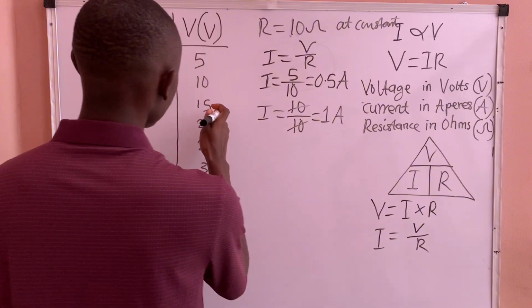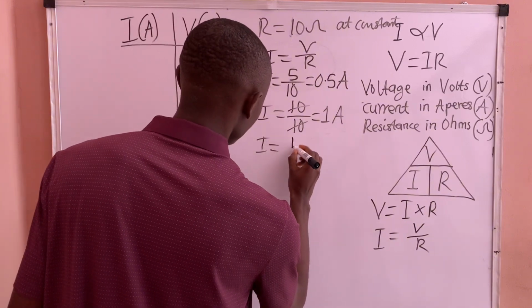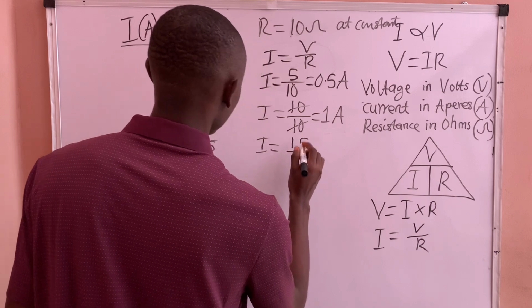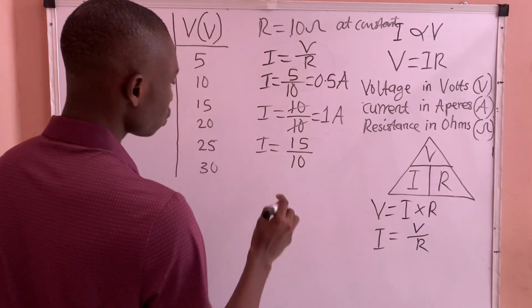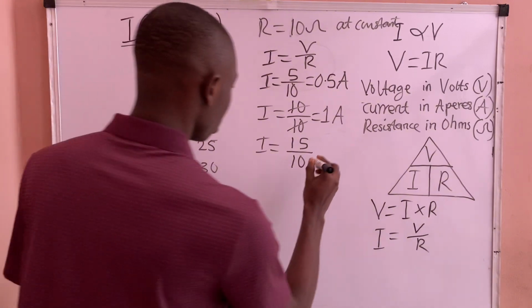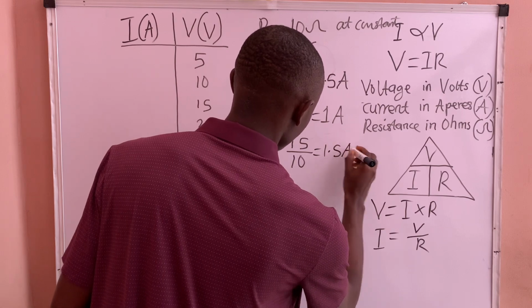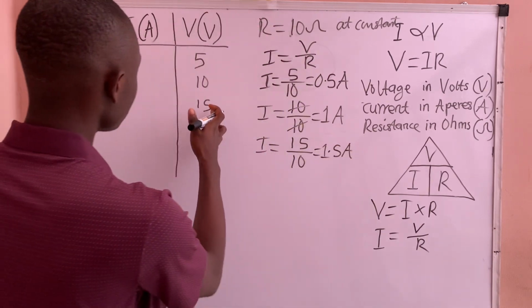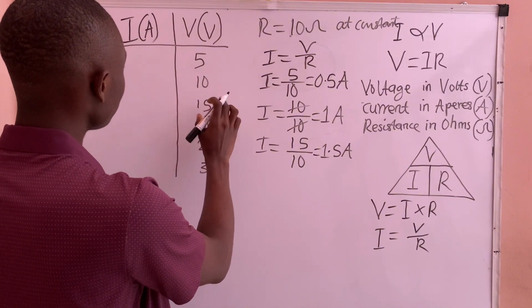So for the third one, I will be equal to 15 divided by what? The value of the resistance is 10. So 15 divided by 10 with my calculator is what? 1.5 amps. That is when we increase voltage by what? 15 volts.